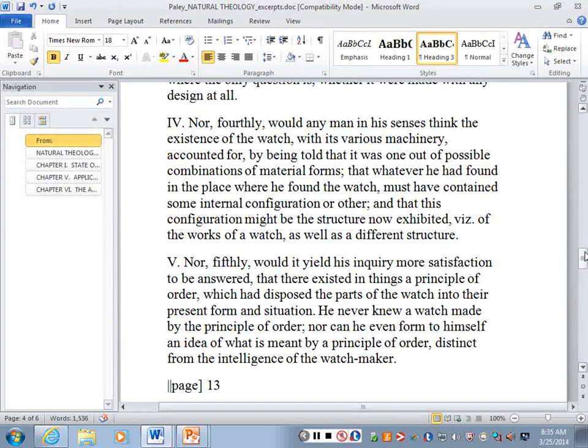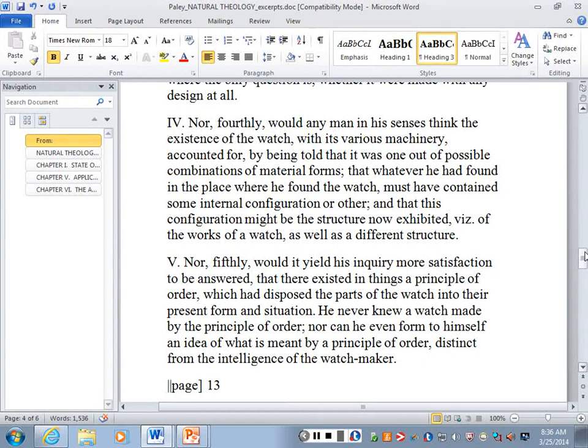And he says, nor fifthly would it yield this inquiry more satisfaction to be answered that there existed in things a principle of order which had disposed the parts of the watch into their present form and situation. But of course, this is very similar to the points that evolution makes, that there is this sort of natural principle that, you know, natural selection tends toward the survival of the fittest and toward order.